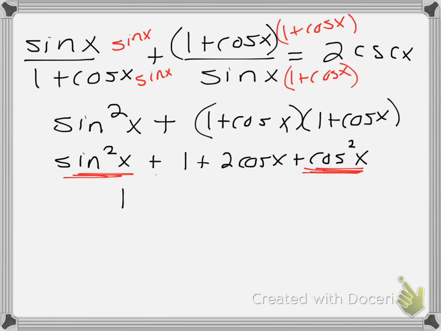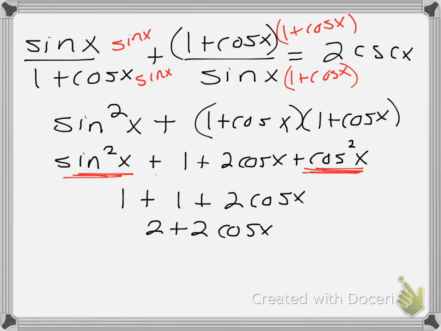So now instead I have 1 plus 2 cosine of x. Well, I can make that 2 plus 2 cosine of x. And again, reminder, this is still in our numerator. My denominator still stands as sine of x times 1 plus cosine, but I want to manipulate my numerator as much as I can, and hopefully that denominator will make things easier for me.